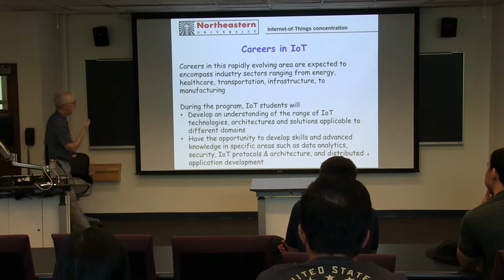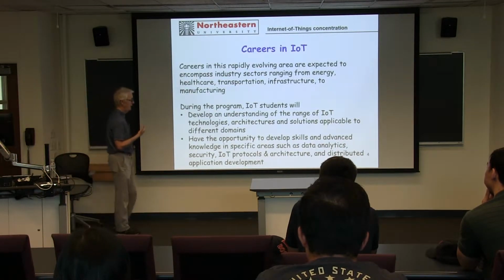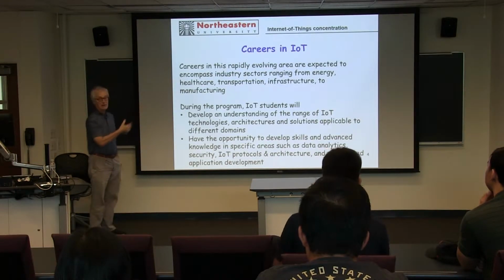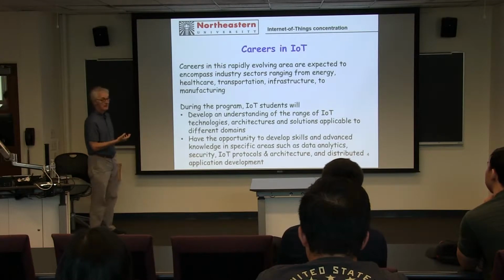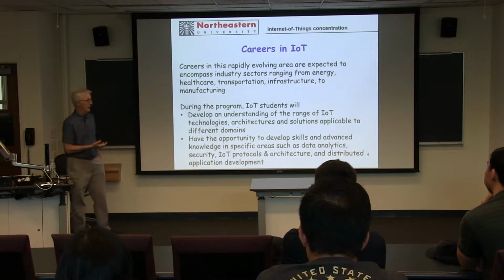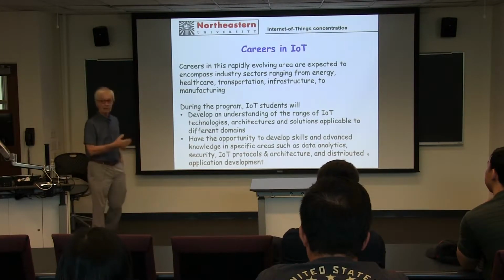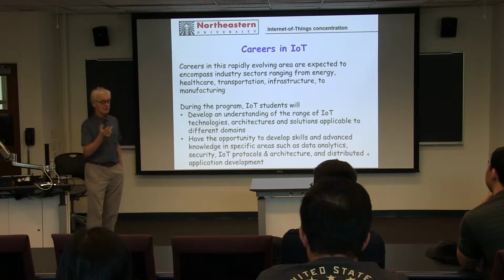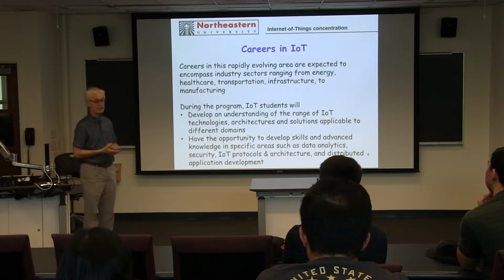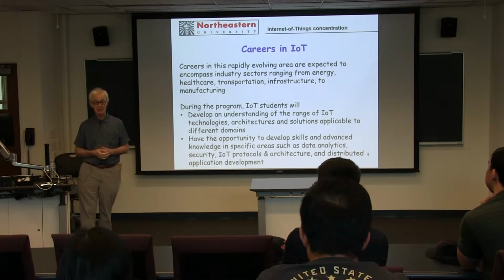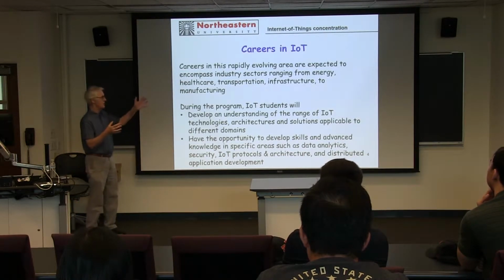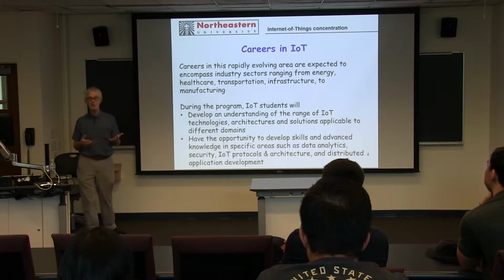The industry sectors in which jobs are likely to be found range from energy, obviously, healthcare, transportation, infrastructure, to agriculture. There was an IoT conference in Spain about two months ago in early June, and a lot of the talk there was about agriculture applications.